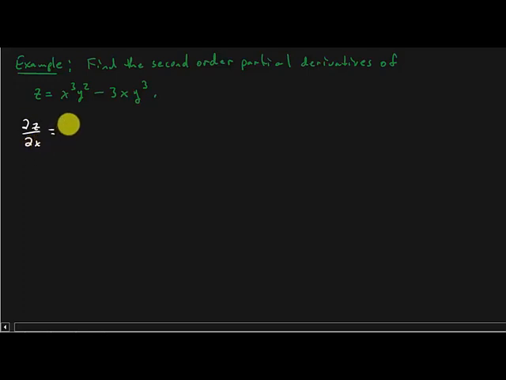So that's going to be what? 3x squared y squared, right? The 3 comes down, subtract 1 from the exponent. Y is a constant. Minus 3y cubed. So that's the partial with respect to x. Then I'll find the partial of z with respect to y. So that's going to be 2x cubed y, right?